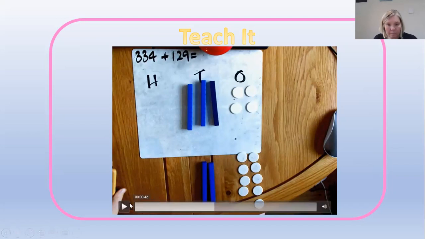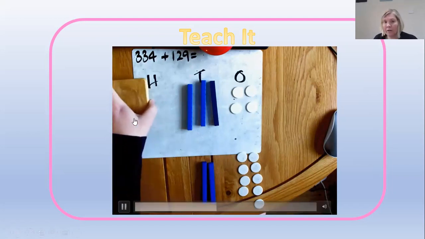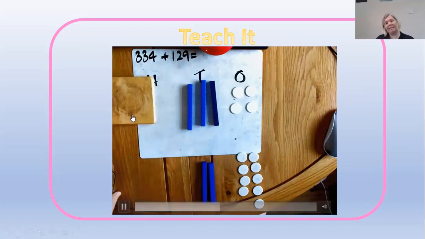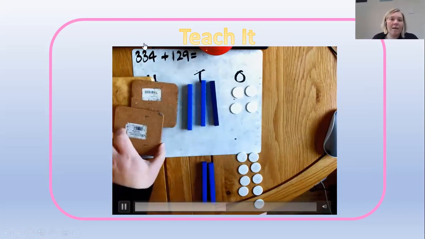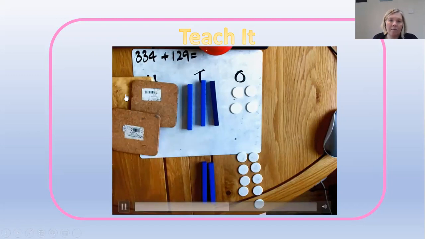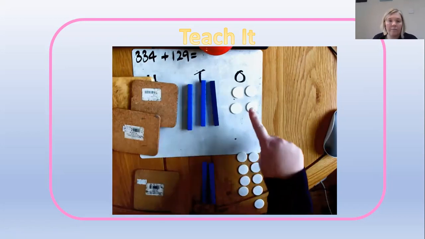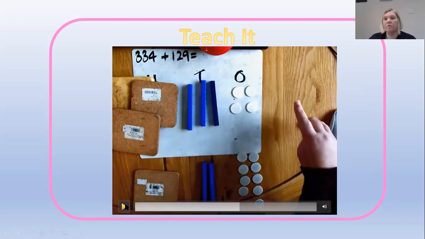And I found my coffee coasters, which are a bit dirty. Didn't notice that before. So I've got 3 coasters for my 300, and I've got another 1 coaster to represent 100.